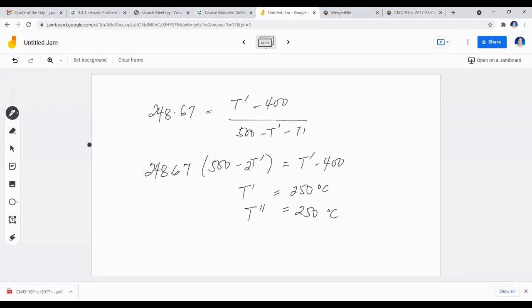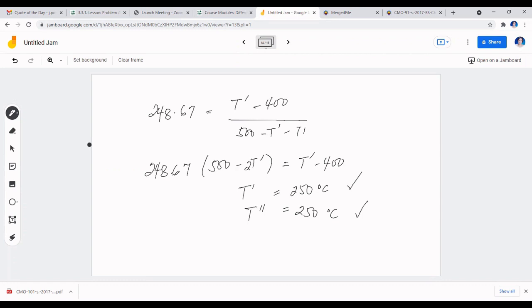This is your T double prime minus T prime. So if you simplify this, that would be 500 minus 2 T prime. And you have the right side to be T prime minus 400. So in here, you can get that T prime is equal to 250. And your T double prime is equal to 250 as well. That is if you take out 250 from this one.